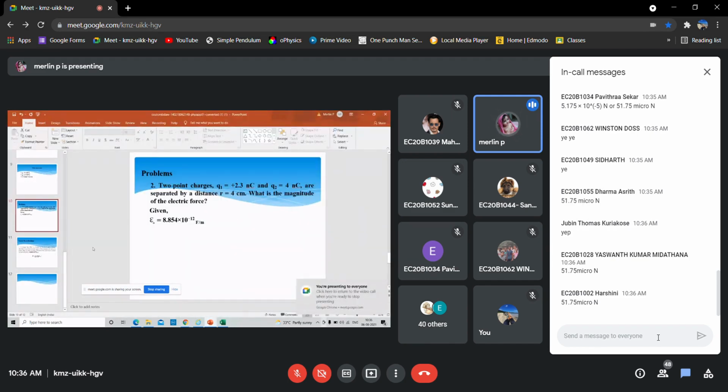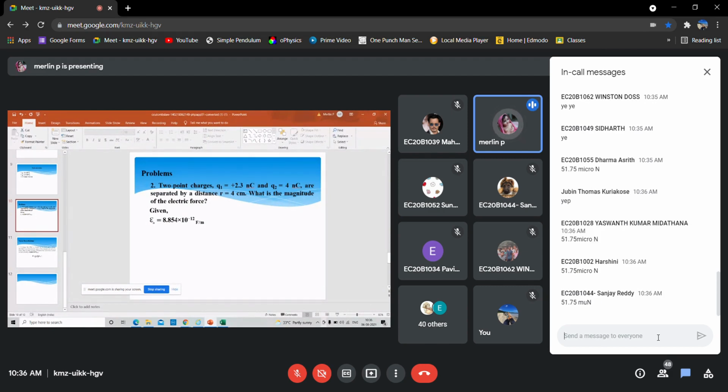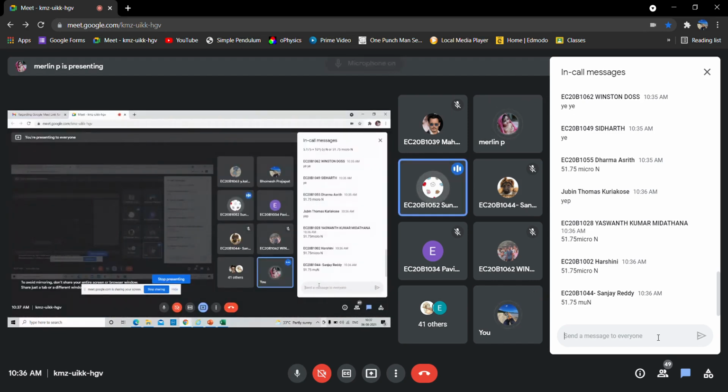Then sometimes people give the k constant of proportionality as some other value. They will say, obtain the force when the constant of proportionality is some other value. For 1 by 4 pi epsilon naught, what value are you getting? 9 into 10 power 9, ma'am.